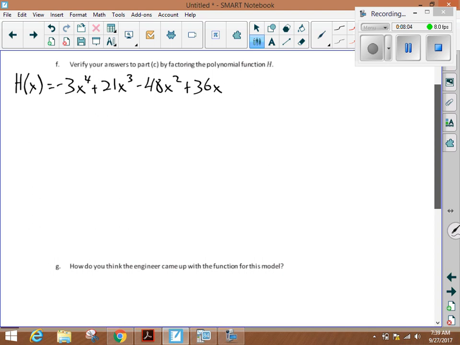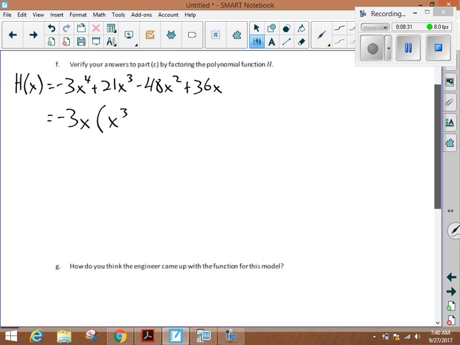3x, rather. Yeah, 3x divides each one of these terms evenly. And I really don't like that negative sign out in the front of my leading coefficient. So I'm going to go ahead and factor out a negative 3x. Okay, so that's going to give me negative 3x to the 4th divided by negative 3x is going to be x to the 3rd power.